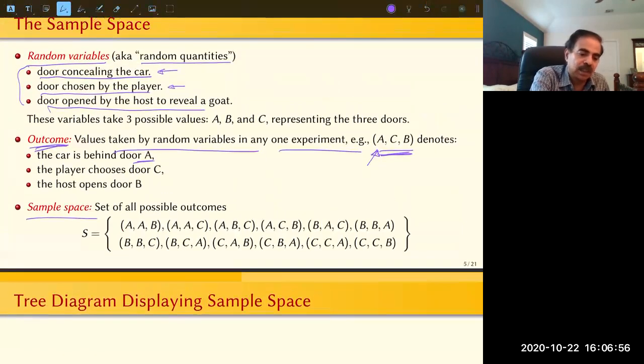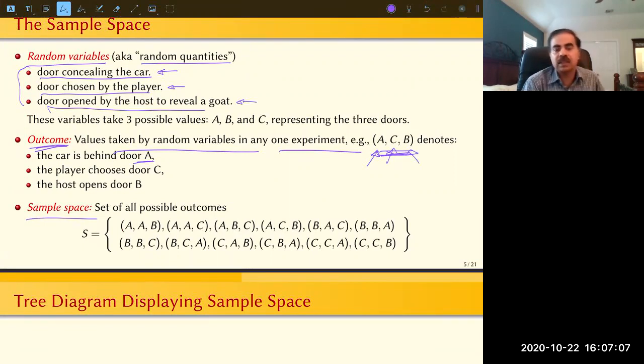So this particular sequence says, okay, the player chooses C, okay? What is the door that the host opens? That is going to be B, okay? So it is this combination of these three random quantities in this particular experiment, and that combination is what we refer to as an outcome, okay?